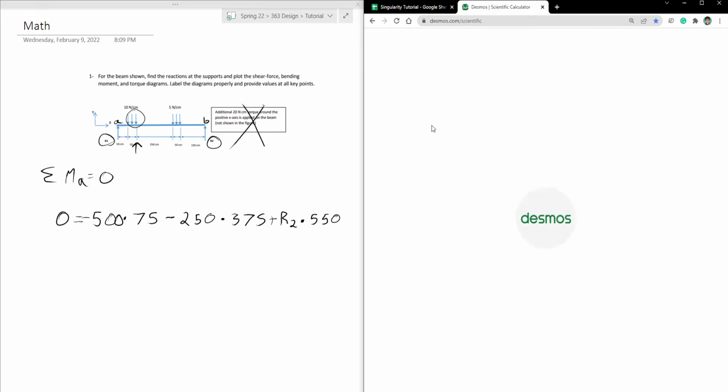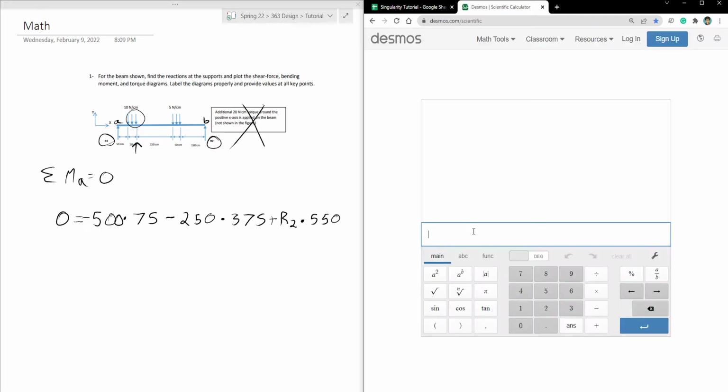So let me just go ahead and pull up a calculator. This is my favorite. So here, let's just do the math together. 500 times 75, that's still a negative. Minus 250 times 375. All of that is going to be divided by 550. And that gives us our value. It's a negative because these would be rotated, but I'm just simplifying.